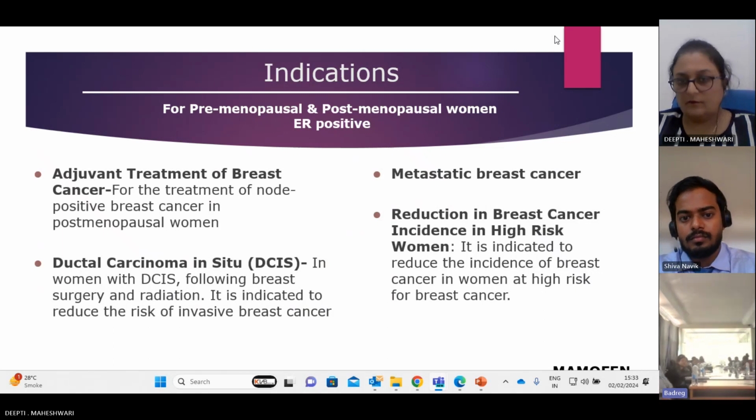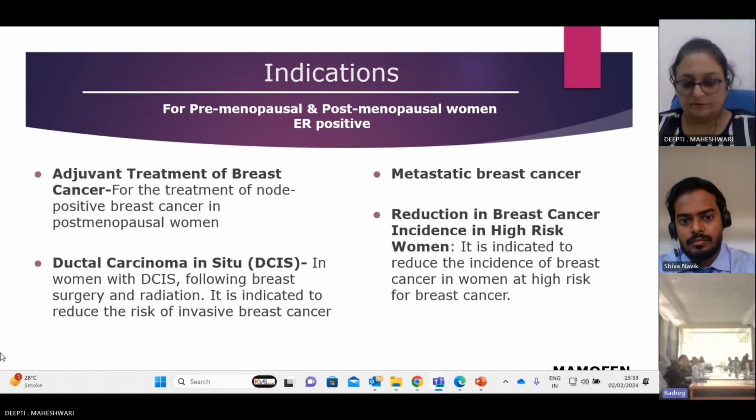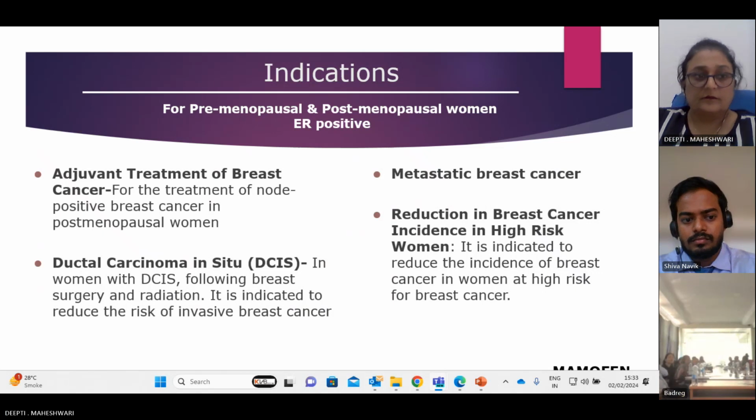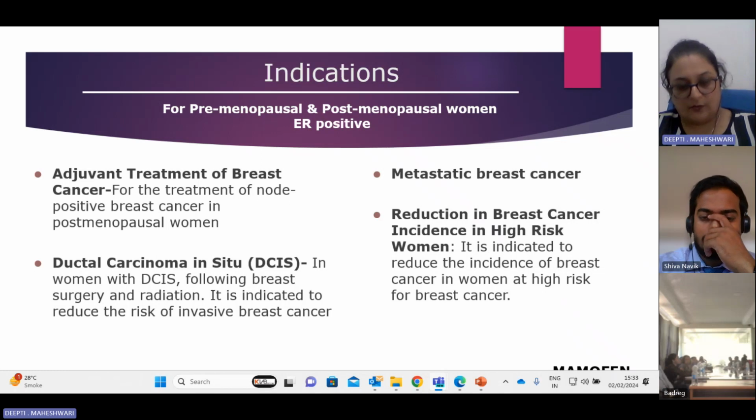When we say a premenopausal woman, it is a woman who can see menstruation, and when we say a postmenopausal woman, it is a woman who stops seeing menstruation. Yeah. So after the female has undergone menopause, she becomes a postmenopausal woman, and before menopause, a premenopausal woman. Right? So that is clear.